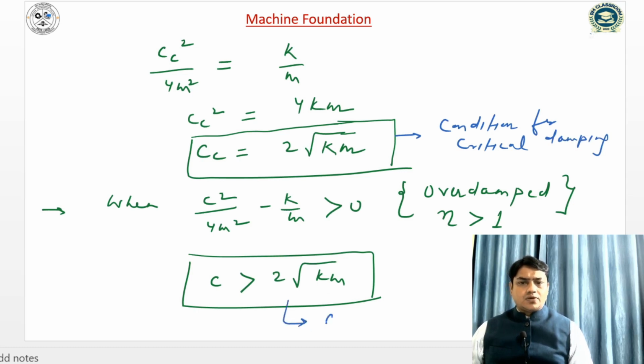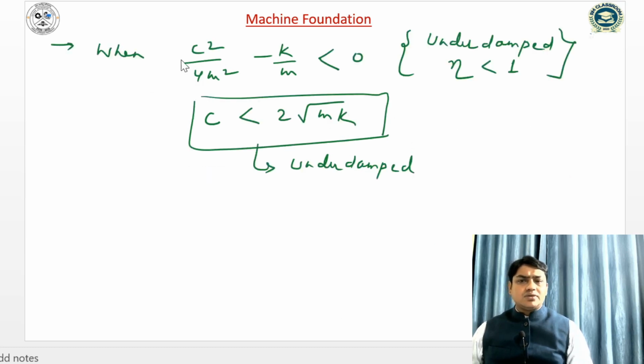This is the condition for overdamped: either the actual damping is greater than 2 times square root of km, or our damping ratio is greater than unity, then this is the case of overdamped. And when c square by 4m square minus k by m is less than 0, this is the condition of underdamped.